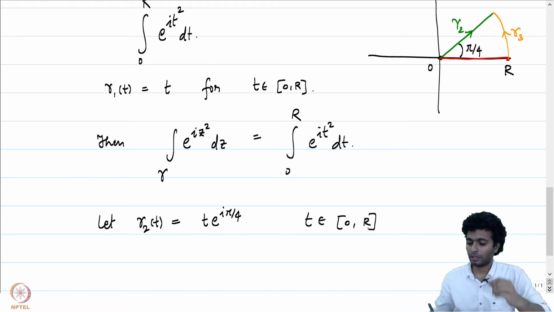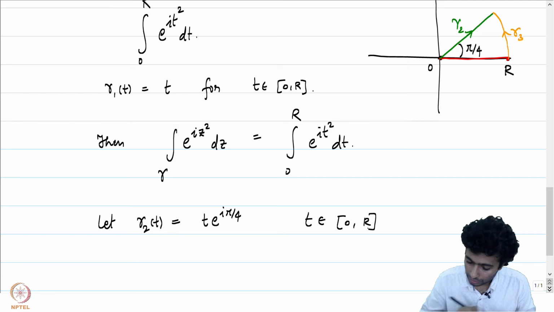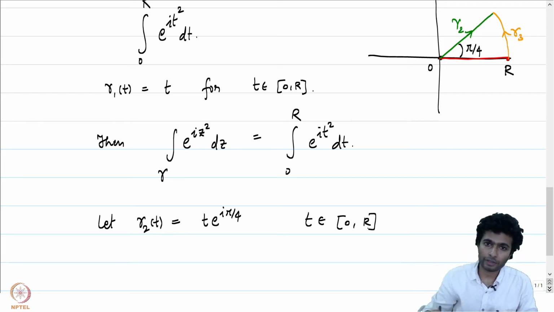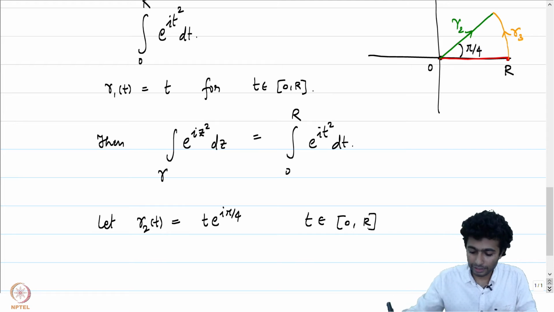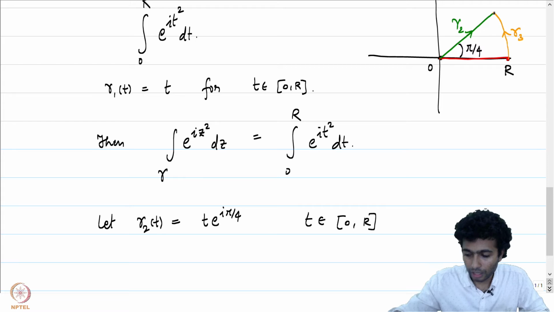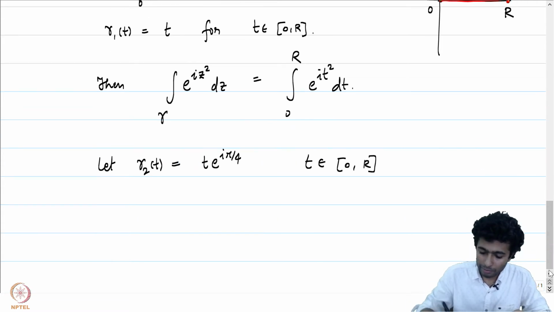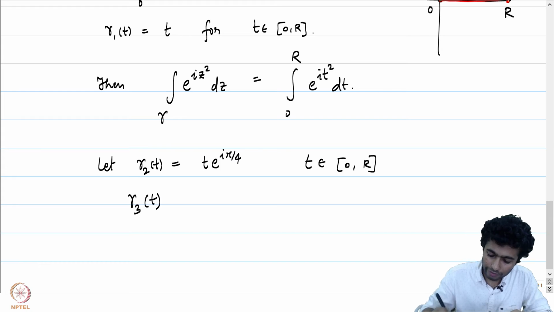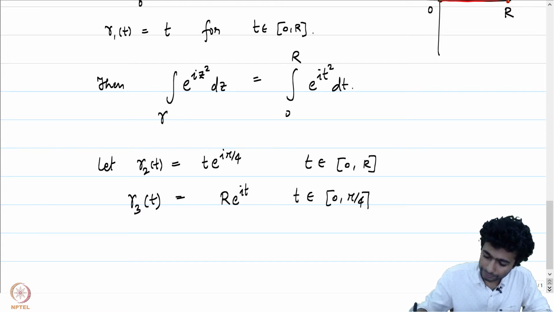If you notice, the starting point is the origin, it's a straight line in the direction of e to the power i pi by 4, and it ends at R times e to the power i pi by 4. This is exactly the point R e to the power i pi by 4. And how about gamma 3? Gamma 3 of t equals R e to the power i t for t in 0 to pi by 4.